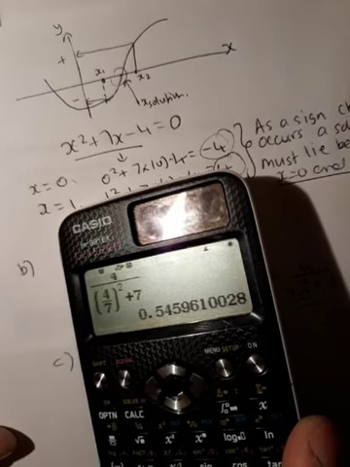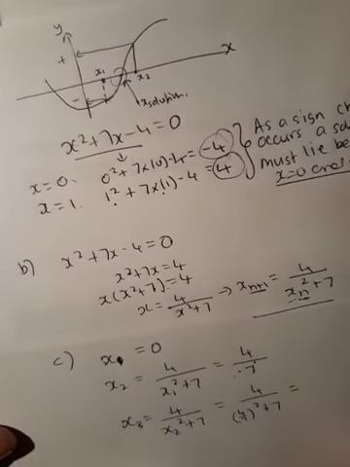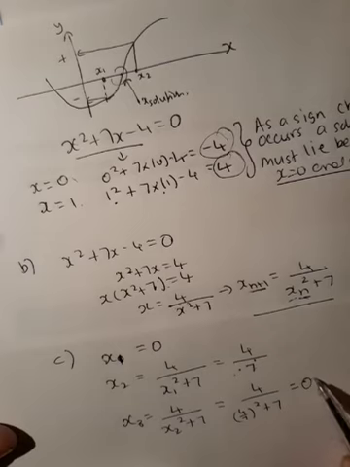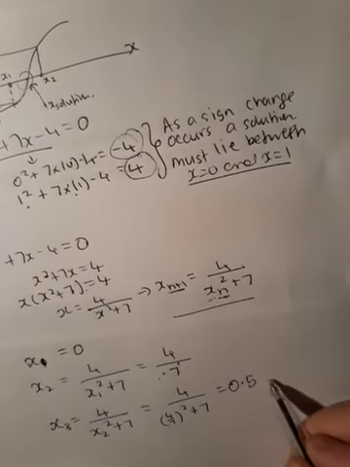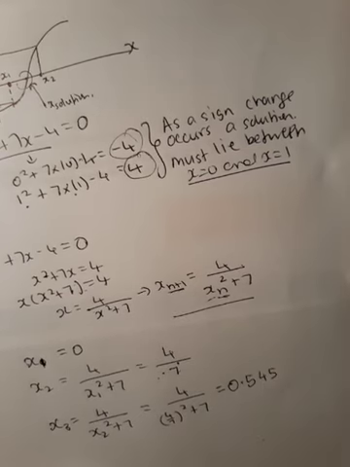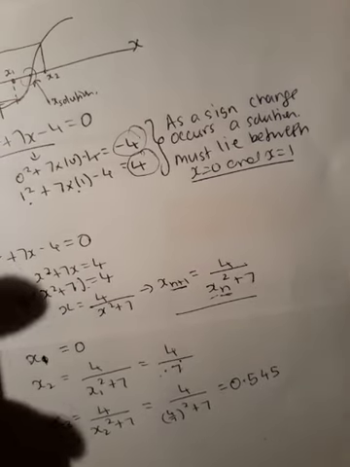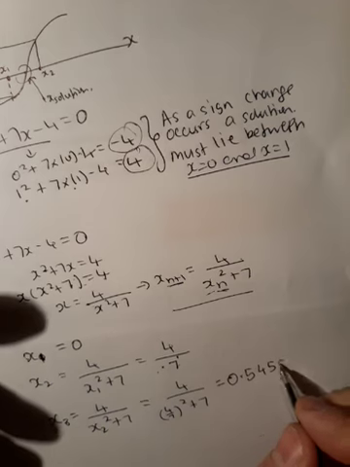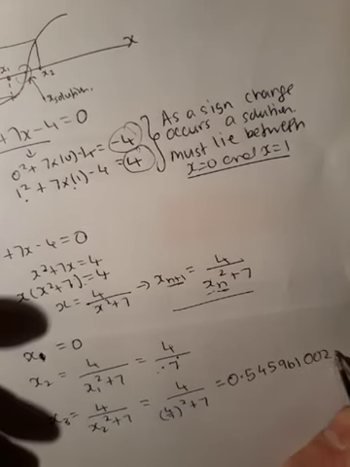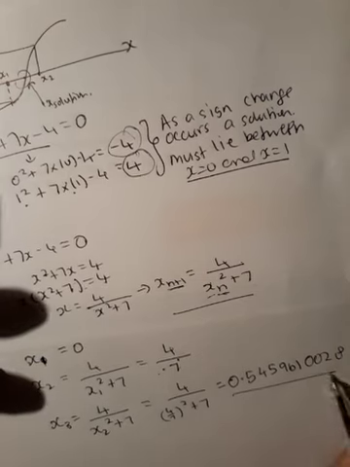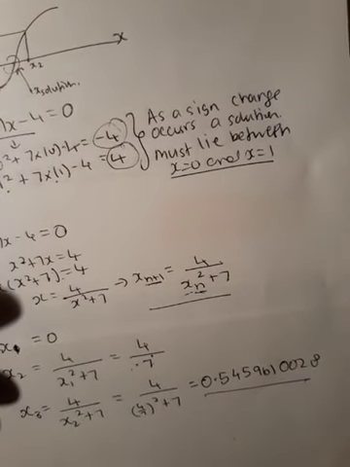So I'm writing all that down. That is 0.545961 0028. So I hope that's correct.